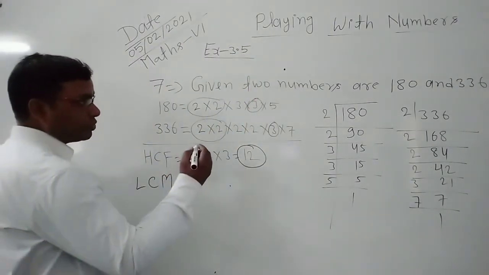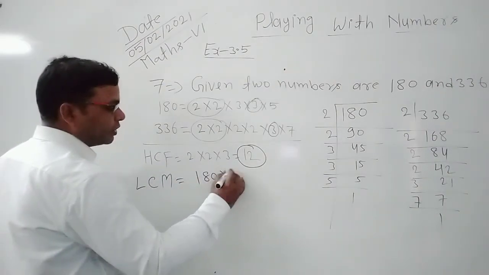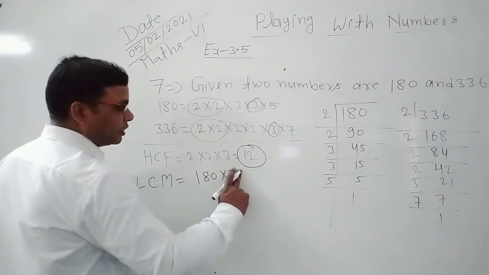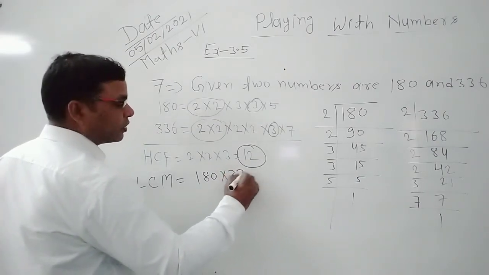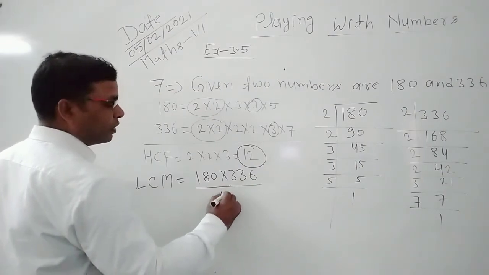Everything depends on you. So LCM is equal to the product of the numbers, 180 and 336, divided by the HCF. The HCF we found here is 12.